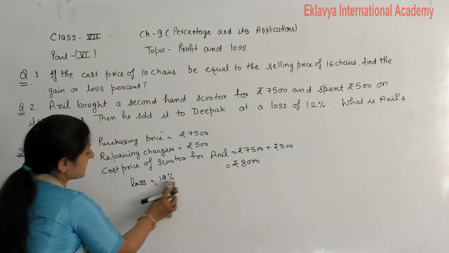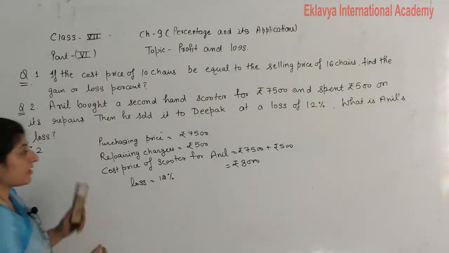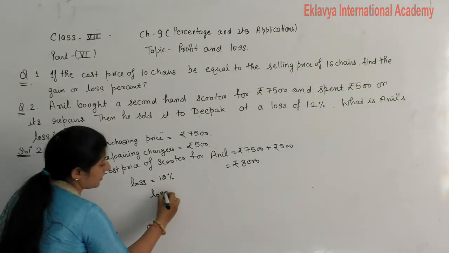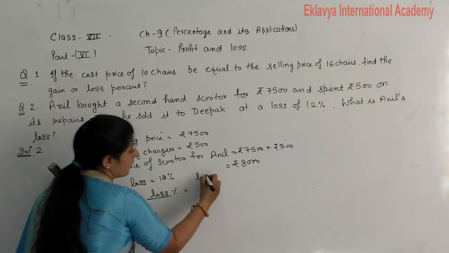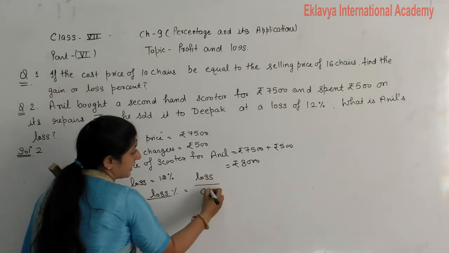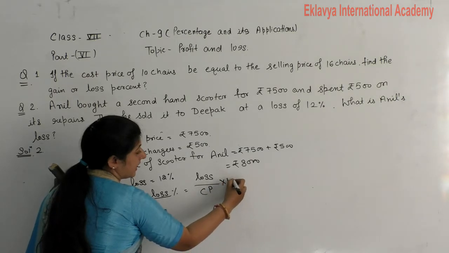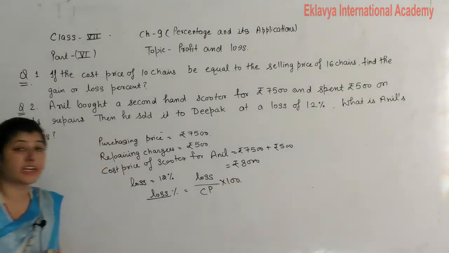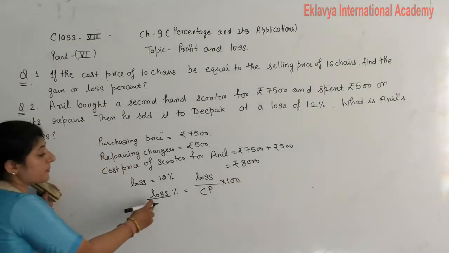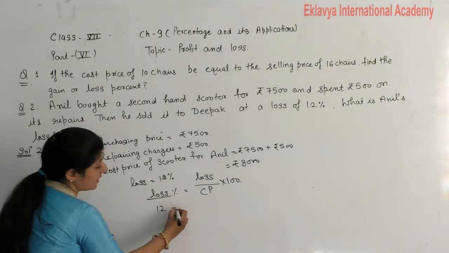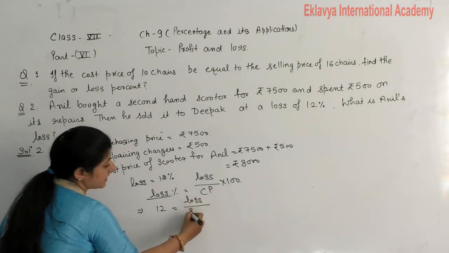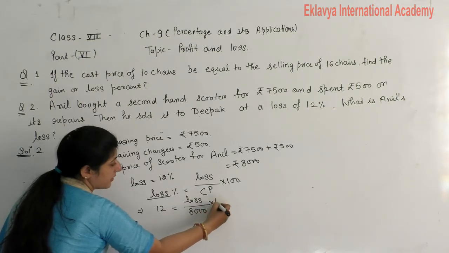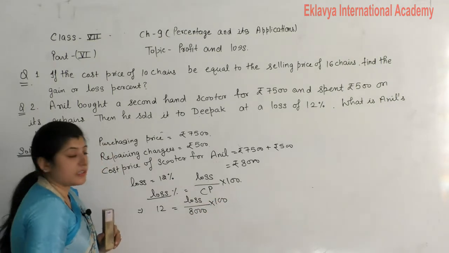Loss percentage is given to you, so directly we can find out: loss percentage is equal to loss divided by CP multiplied by 100. There is no need to find out the selling price. Loss percentage 12 is equal to loss, which we want to find out, divided by CP, which is given to you, 8,000, multiplied by 100.